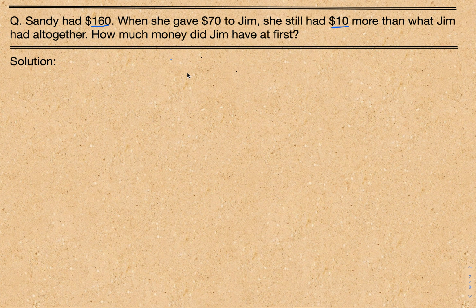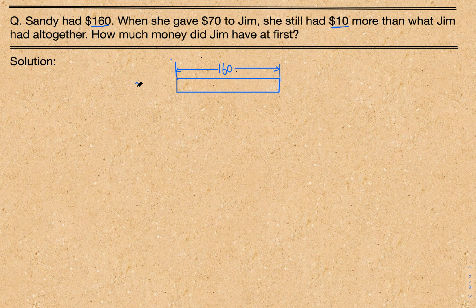Okay, so let's start with drawing the model. The first thing we have to draw is Sandy, who is having $160. Let's redraw it quickly. Let's say this is Sandy's $160.